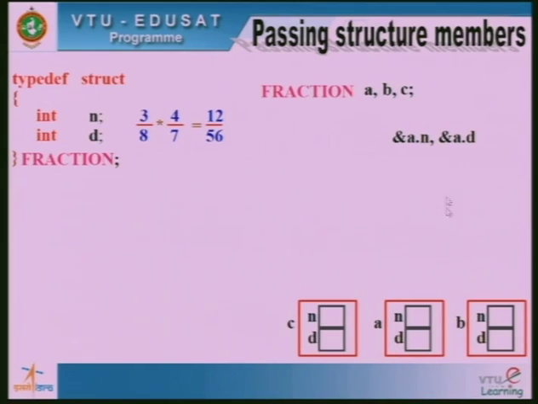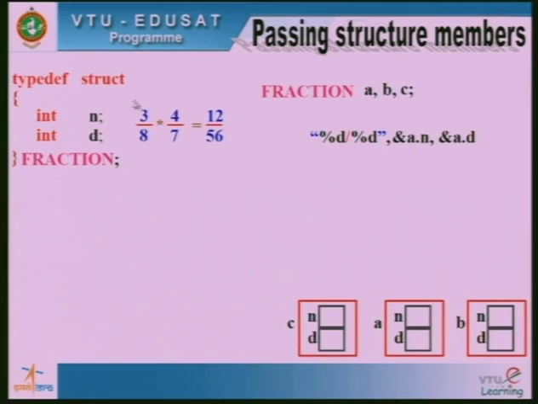Here I have to enter one integer, and this is another integer. So I require how many fields? 2 fields, and both are of type integer. So here 3 divided by 8, this is 3, then I have to write one slash, and here I have to write 8. If I want to read 3 and 8, 3 can be copied into a dot n, 8 can be copied into a dot d.